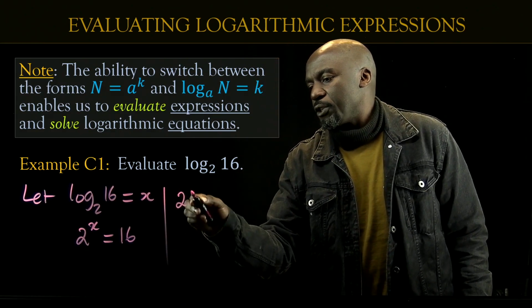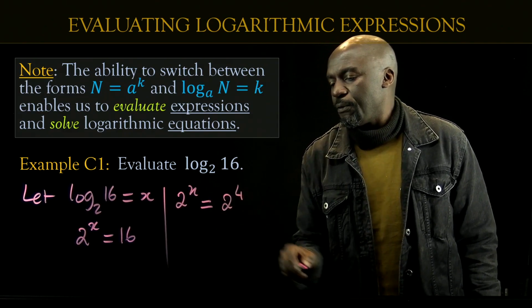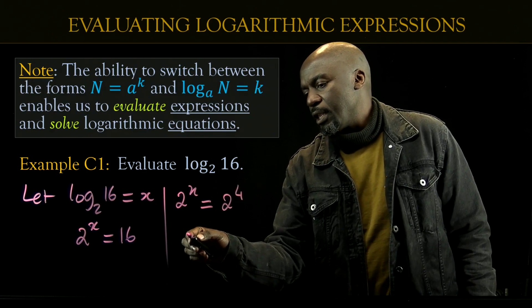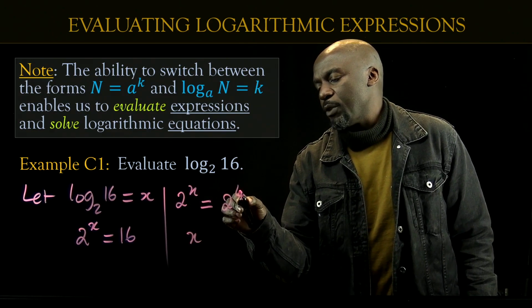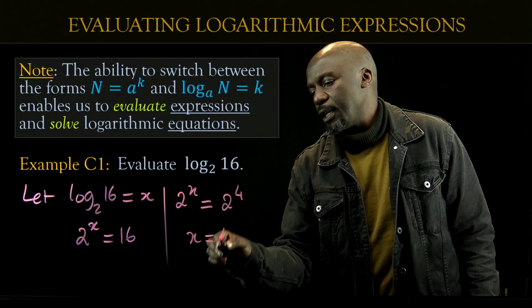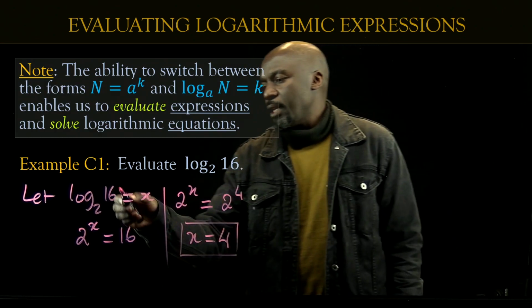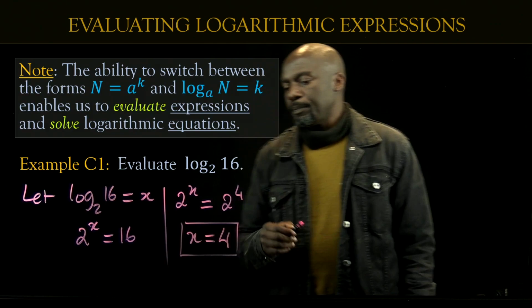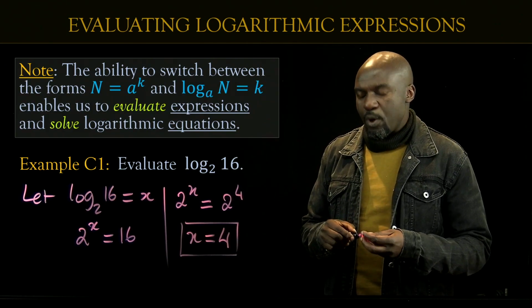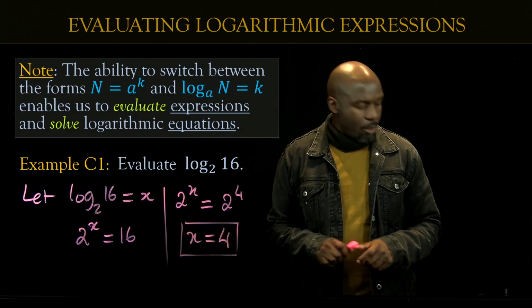This becomes 2 to the power of x equals 2 to the power of 4. If the bases are the same, then we can equate the exponents, so x is 4. In other words, the value of log to base 2 of 16 is 4. So we have evaluated this logarithmic expression. I hope that's clear.